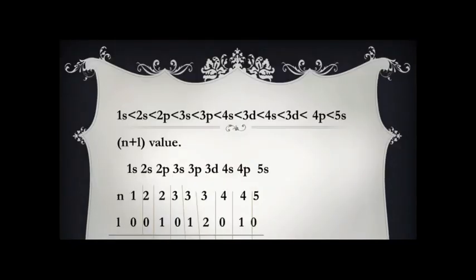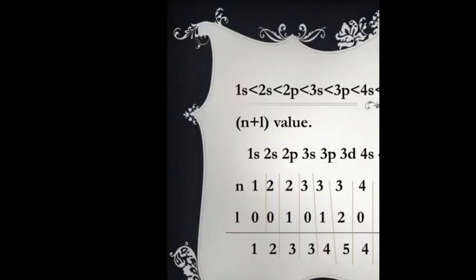To make it easier for your understanding, I am writing the energy orbitals here. Let me write the n value first, then the l value. This is your principal quantum number and this is your azimuthal quantum number. So n is 1 means 1s, and s is nothing but 0.